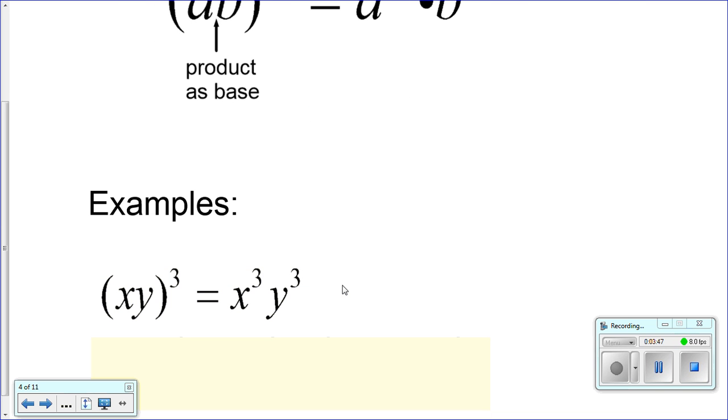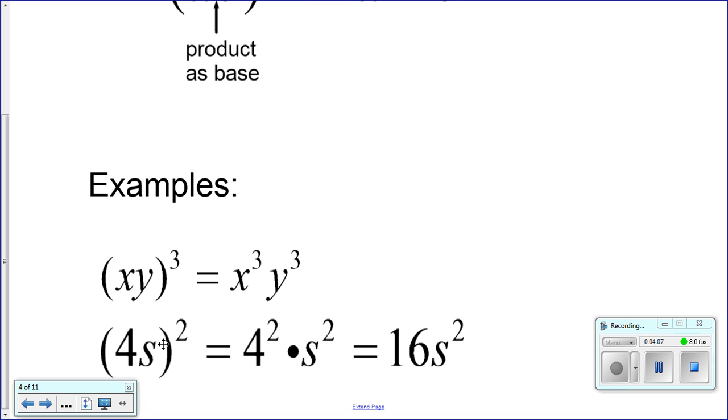We have xy to the 3rd. That means x to the 3rd times y to the 3rd. And you can think of it like, okay, if we multiply this out, xy times xy times xy, then we rearranged it, we actually have 3 x's being multiplied together and 3 y's being multiplied together. So that would mean x to the 3rd times y to the 3rd. Okay? Another one would be 4s squared.